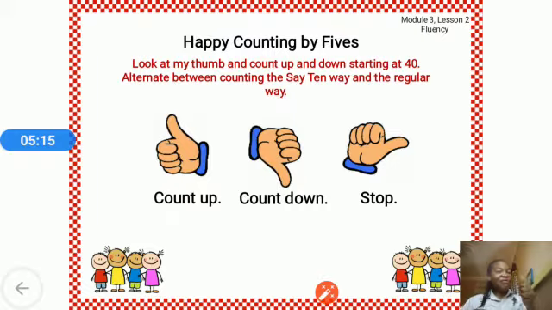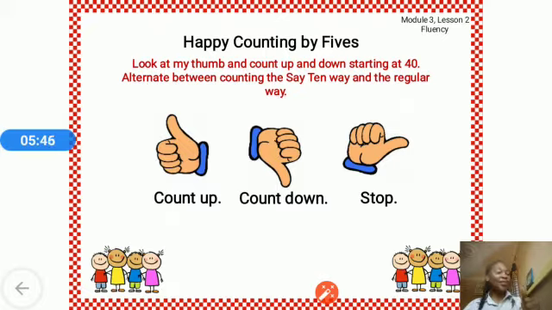4 tens, 5 ones. 50 is what in certain way? 5 tens. Good. 55 is what? 5 tens and 5 ones. And 60 is what? 6 tens. 6 tens plus 5 ones is what? 65.